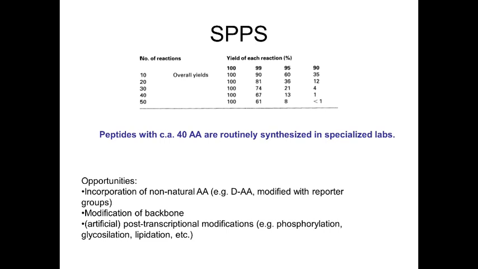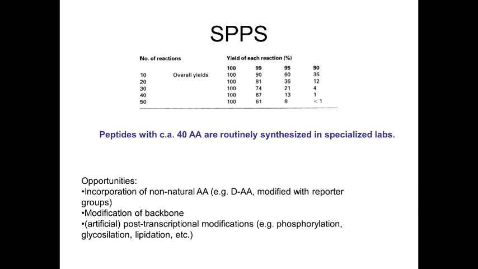With this slide, I would like to demonstrate that the coupling step of each individual coupling during peptide synthesis is very important when you do this on the solid phase. The table is built up like this: in the first row you have the yields obtained for individual coupling steps, given in percent.